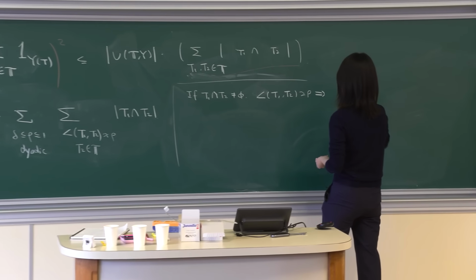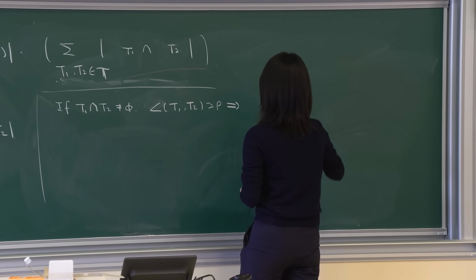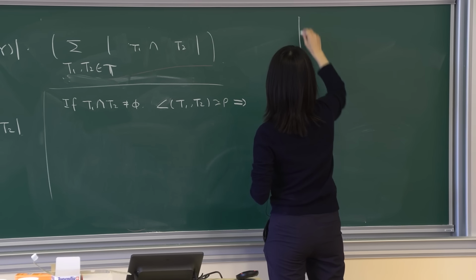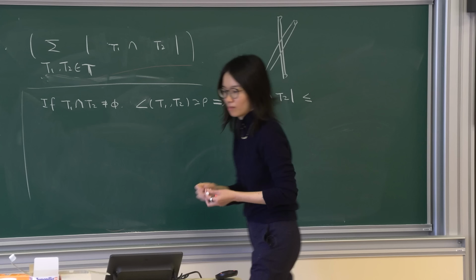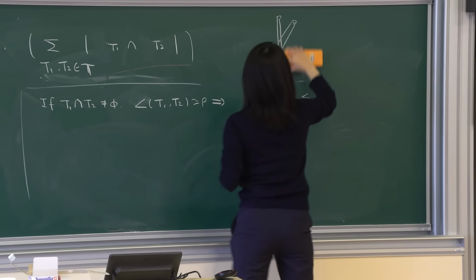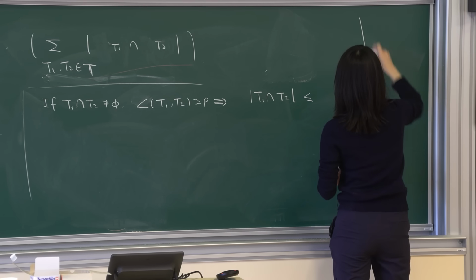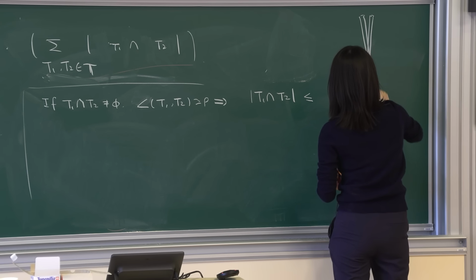This implies that the volume of T1 intersect T2 is less than or equal to the following.